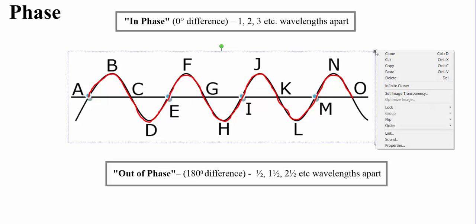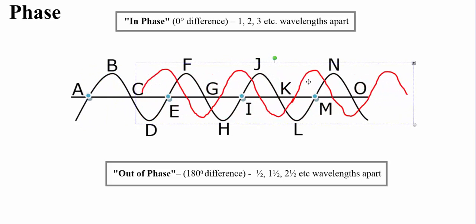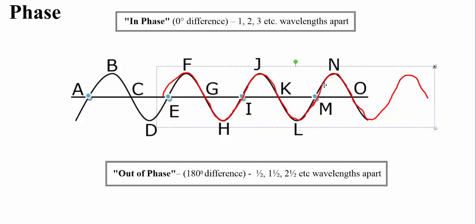It is right on top of it. Let me lock this black wave in place if I'm allowed to here. There we go. But that red wave can also be 100 or 360 degrees away.